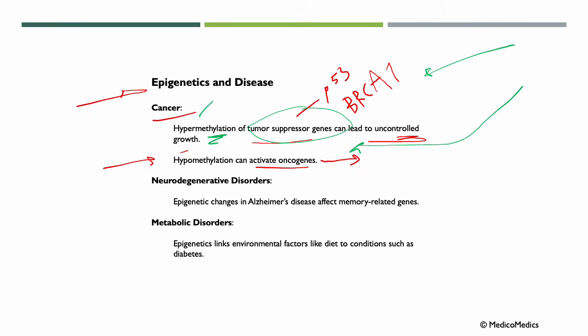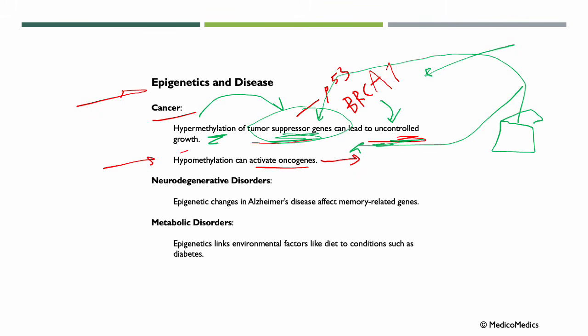Because hypermethylation of these would silence them, leading to uncontrolled growth. We have these demethylation agents that would then reactivate the tumor suppressor genes, leading to inhibiting this uncontrolled growth.